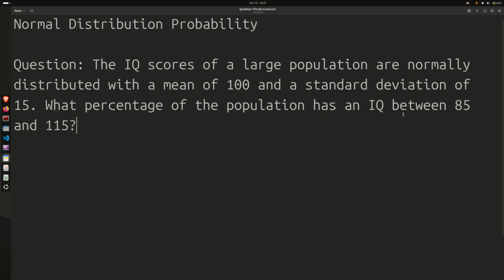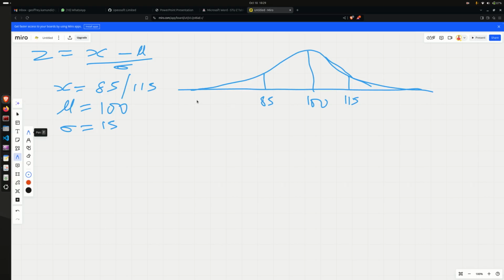Now I chose this specific question because the question is asking what percentage of the population has an IQ between, you see the word between. When it is between, it becomes a little bit difficult, not like when it is straightforward. For example, if you were told to find the population that has an IQ below 85, you would find the people who are lying here. This is what is below 85.